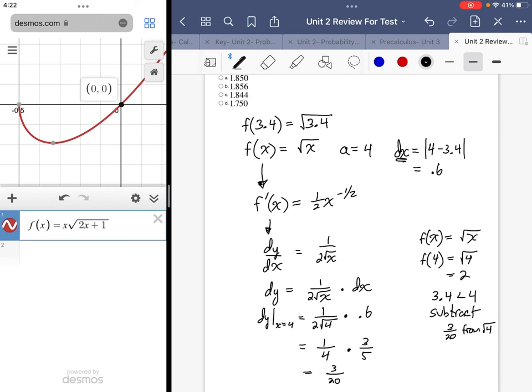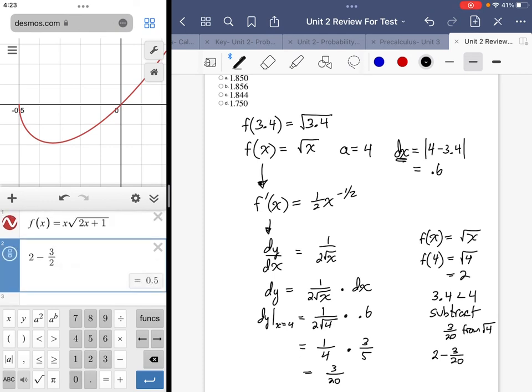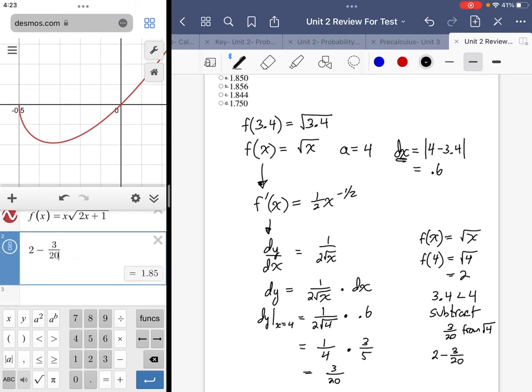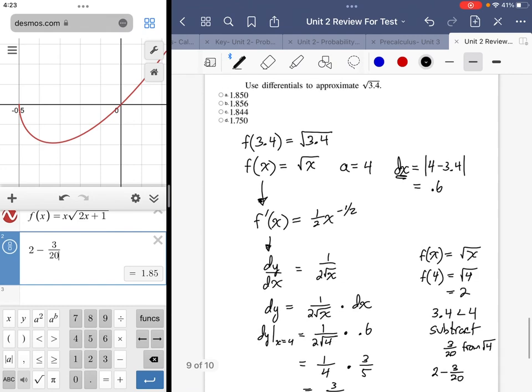So my approximation would be 2 minus 3 over 20. Then I would look at my choices and see which one most closely approximates or appears to be the same as 2 minus 3/20, and that would be choice A, which is 1.85.